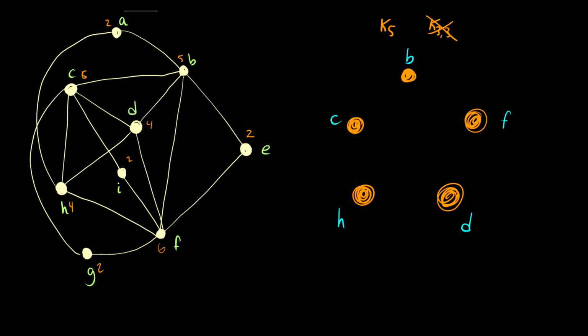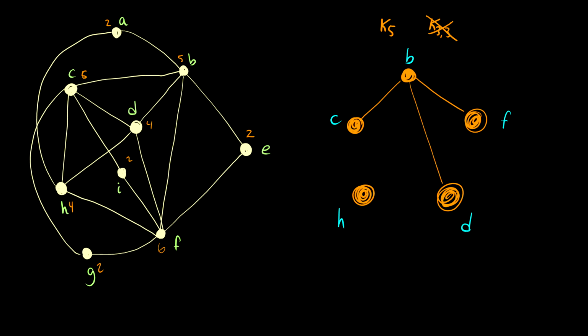Okay, B goes to C, B goes to D, B goes to F, but does B go to H? So that's the question. Does B go to H? Well, not really. It doesn't look like it goes to H.